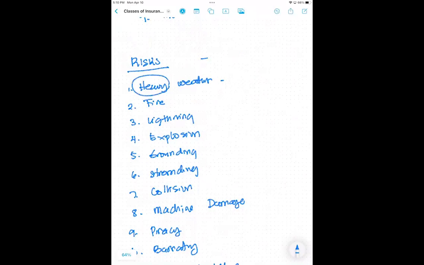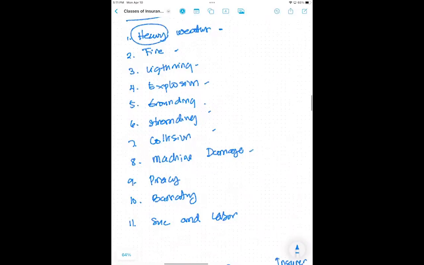The usual rain, the usual turbulences should not be a problem for the ship, but of course when the storm is quite heavy, then that is the thing that can be insured. Also fire, lightning, explosion, grounding, stranding, collision, machine damage. I think we are all familiar with these terms, right?